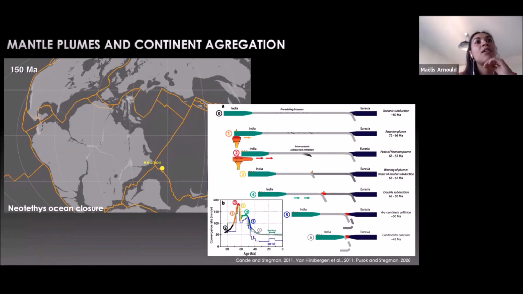But this has been challenged quite recently by some people who think that this acceleration of India is maybe an artifact of our plate reconstruction and paleomagnetism. So it's not clear what's going on in this region.